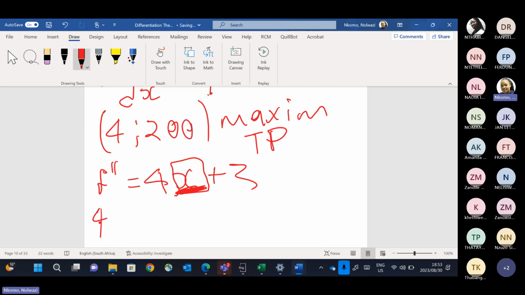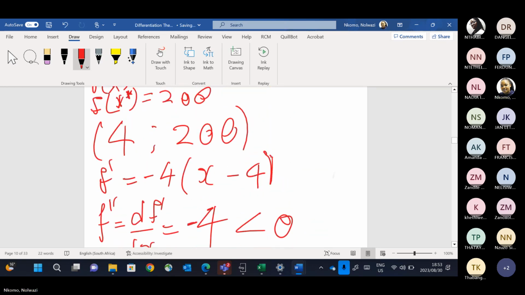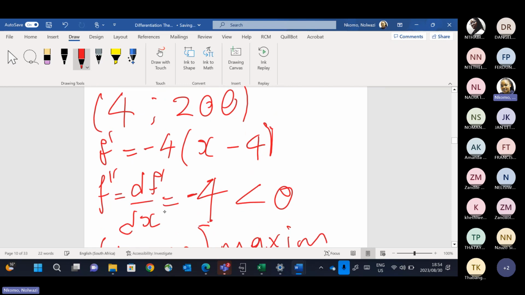And if you substitute and this is greater than 0, then you say this is the minimum point. But if you substitute the value of x and this gives you negative, then that point is the maximum point. Okay, my point is the second derivative will not always be a constant. Sometimes it would be a function. Then after finding that, you substitute the x value of the turning point whose nature you want to check.